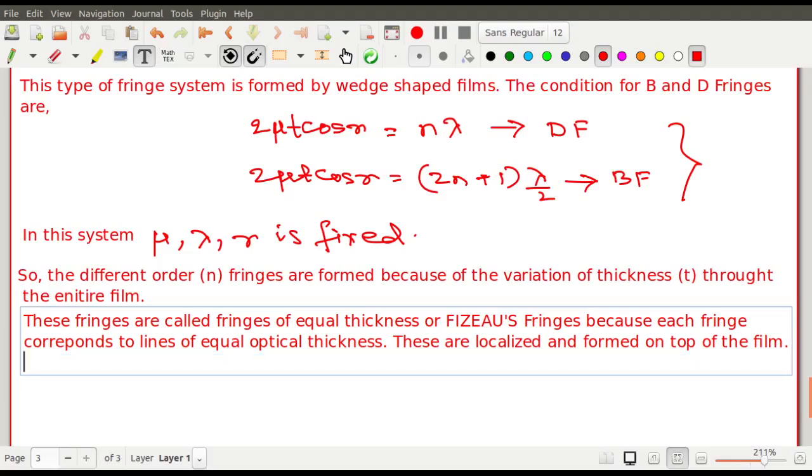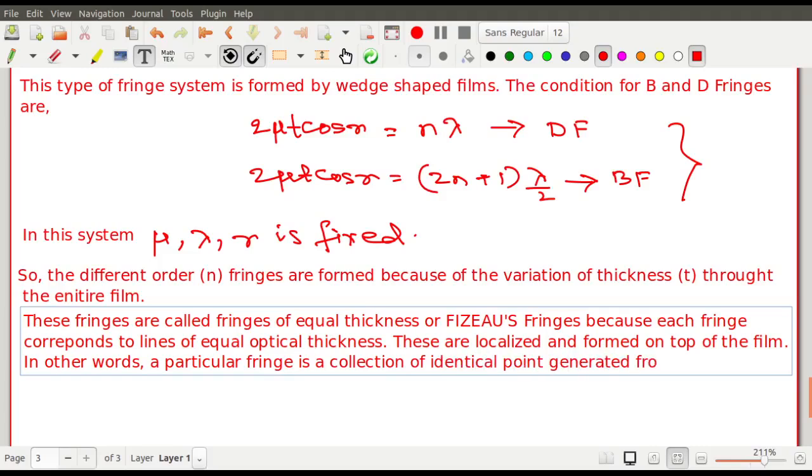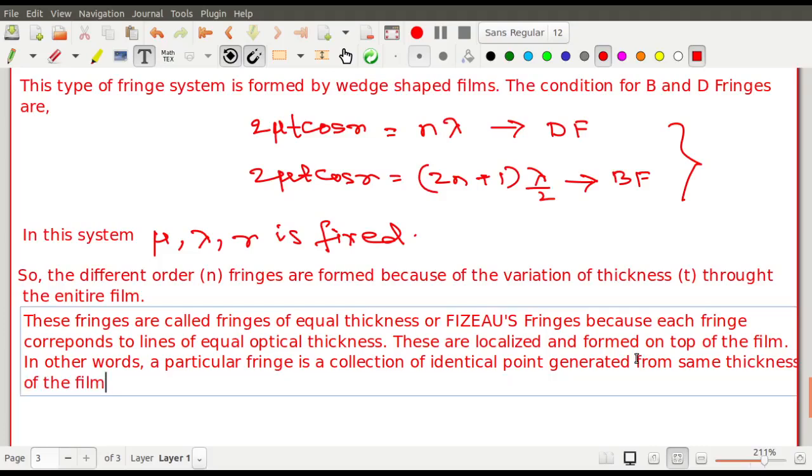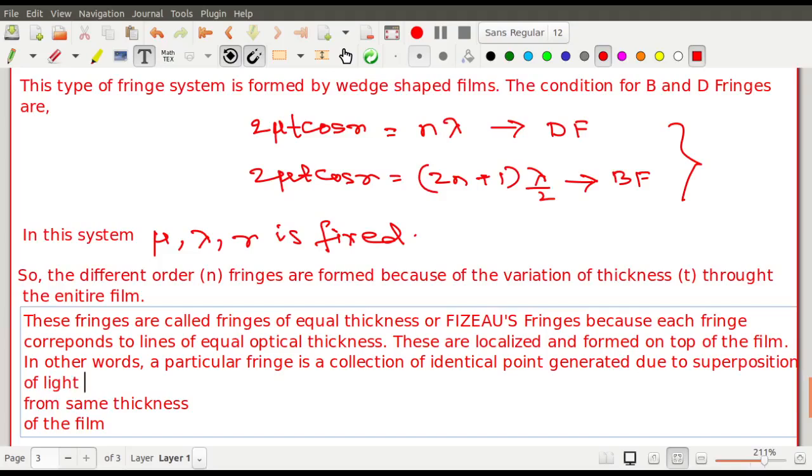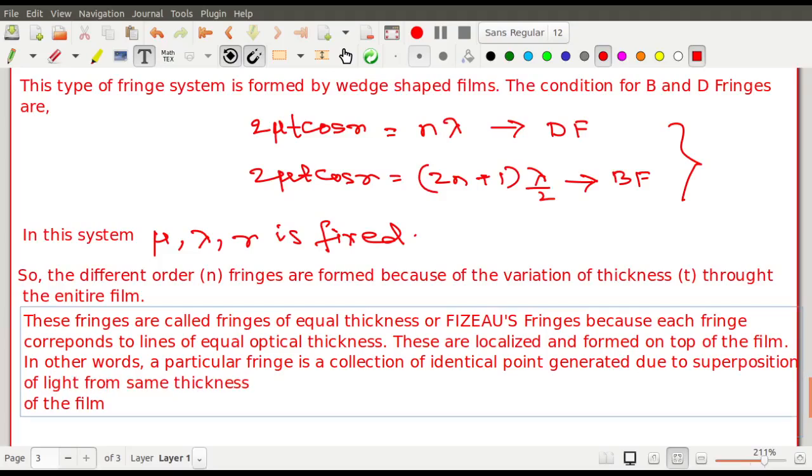In other words, in my words, a particular fringe is a collection of identical points generated from equal thickness of the field, generated due to superposition of light from the same thickness of the film.